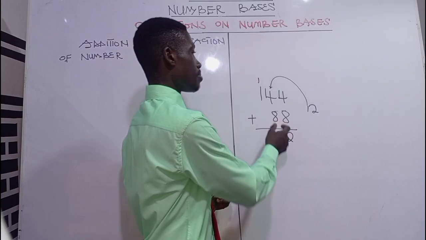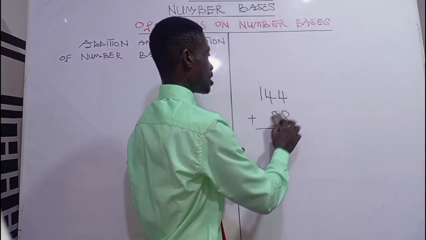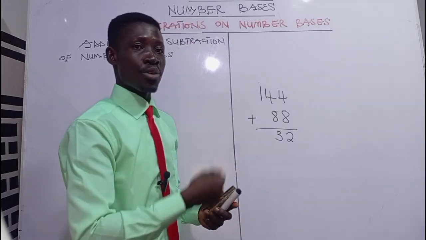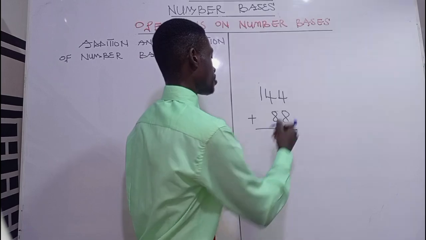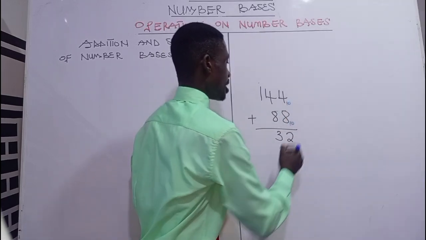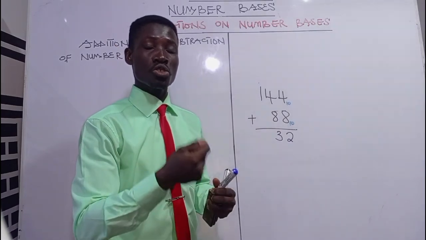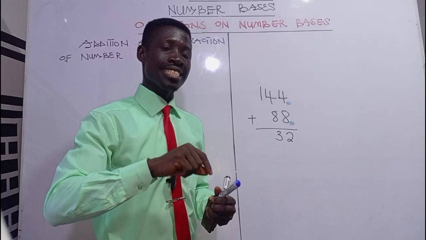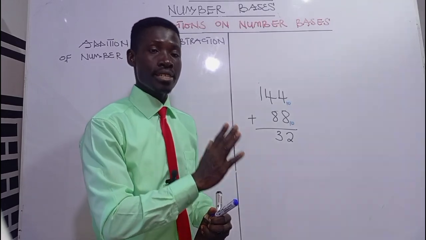Looking at this number, we realize that there is no base assigned to these numbers. So we assume that these numbers are in base 10. So 144 is in base 10 and 88 is also in base 10. And you also know that the highest digit in every number base is 1 less than the base itself.